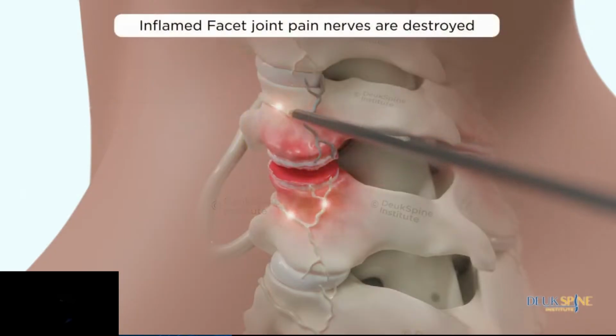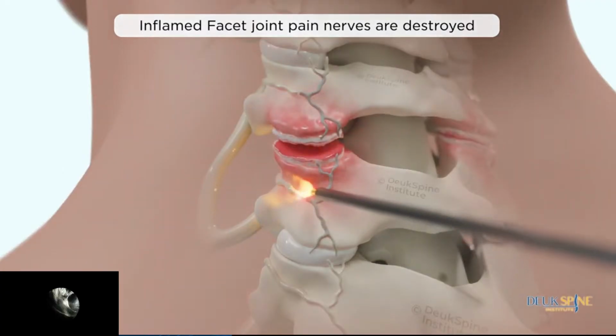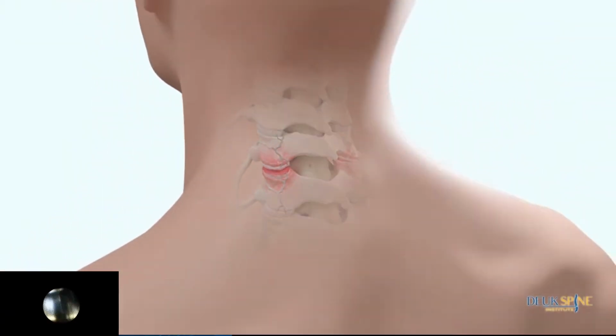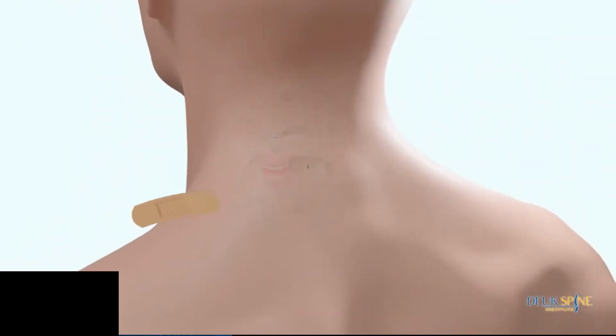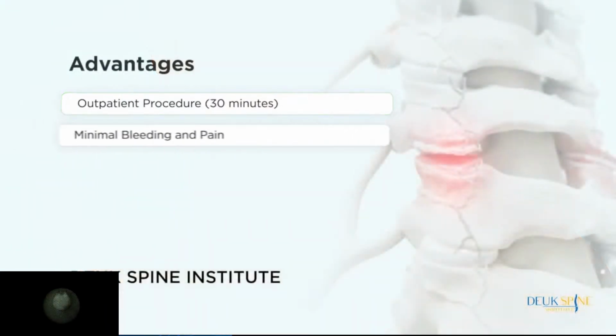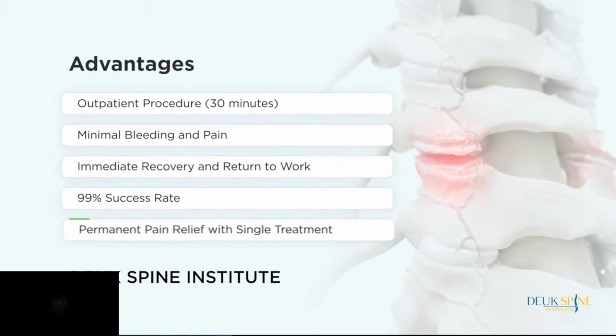The inflamed facet joint pain nerves are destroyed. The advantages with the Duke plasma rhizotomy is that it's an outpatient procedure that takes 30 minutes to complete, with minimal bleeding and pain after the surgery, immediate recovery and return to work the next day, as well as a 99% success rate and permanent pain relief with a single treatment.